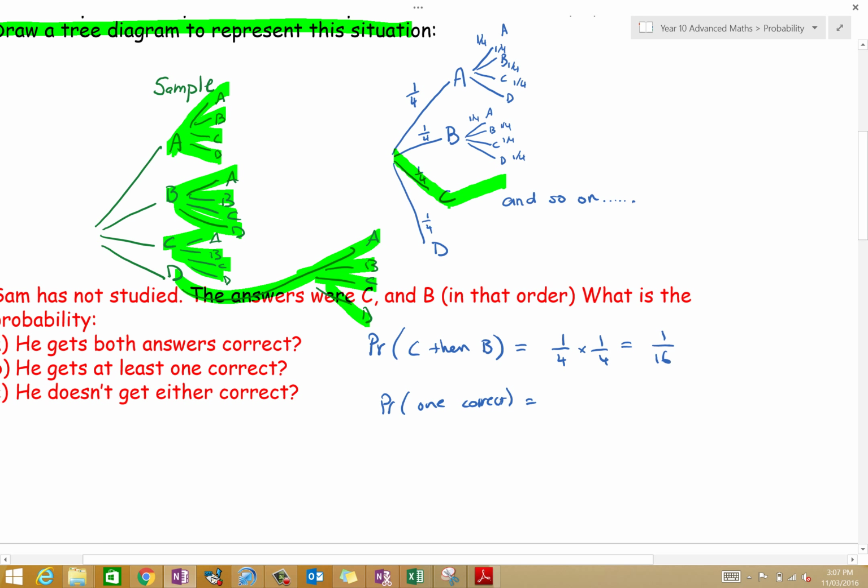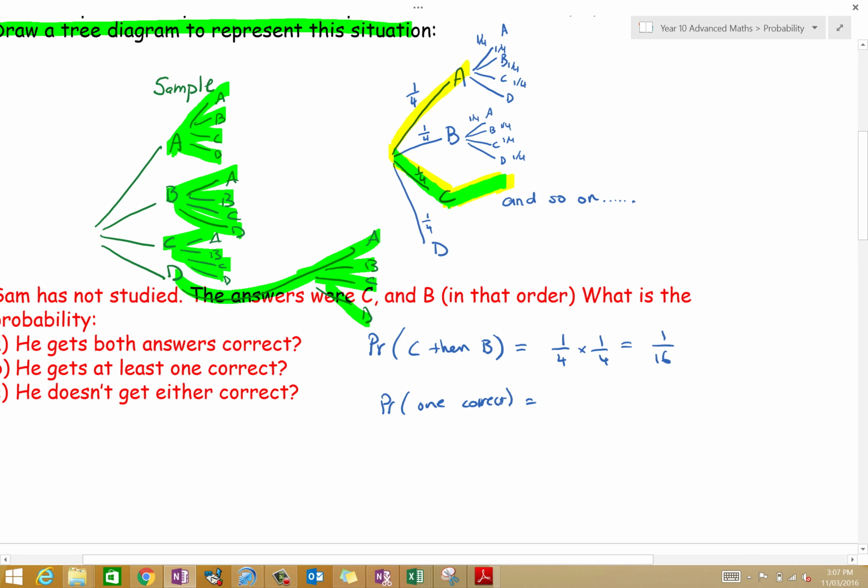Well, of course, he needs to get... If he gets C correct, then there's only one option there, which means the other one's correct, and that is B. So that's one. What about if he gets each one of them wrong?